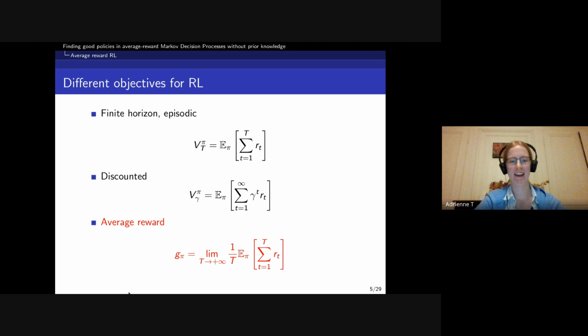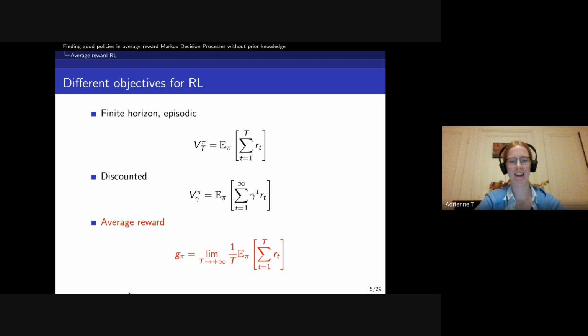But there are some settings in which there is no natural definition of the horizon, and no natural definition for the discount. If you want something that will work all the time, forever, asymptotically, or you just don't really know up to which point you want it to work, that's when you care about the average reward setting.